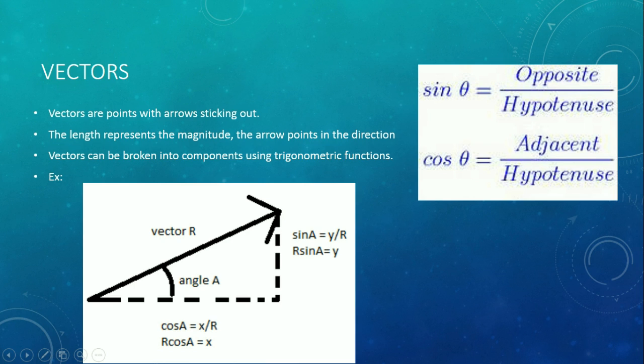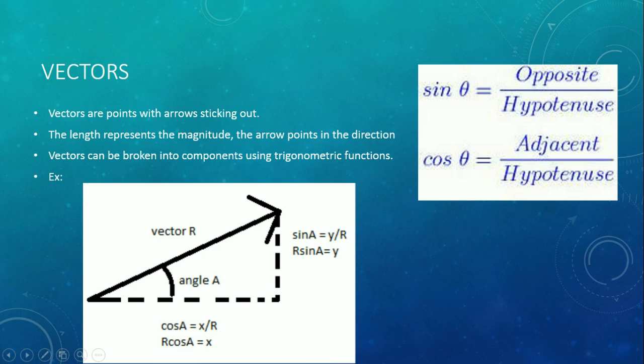So if it's measured from the x-axis, r sine of A is always the y component. The x component, we just use cosine instead. So cosine is adjacent over hypotenuse. Remember SOHCAHTOA, it's like an acronym to remember. Sine is opposite over hypotenuse. Cosine is adjacent over hypotenuse.